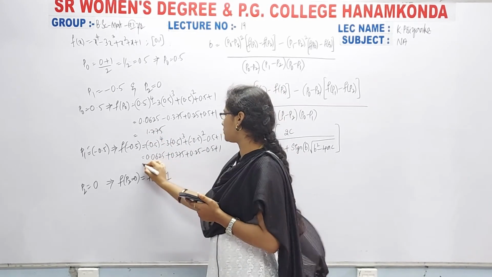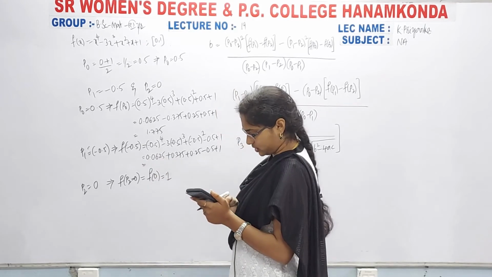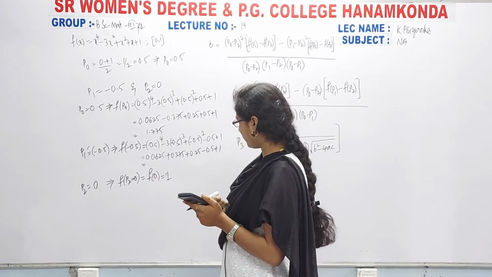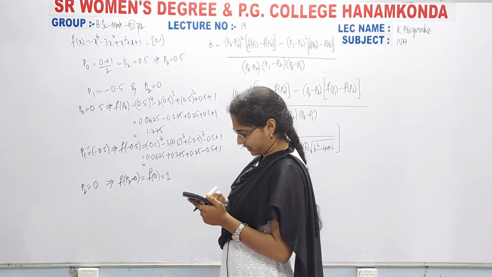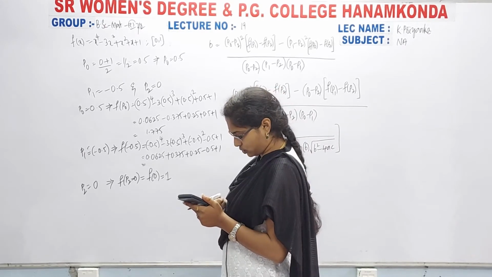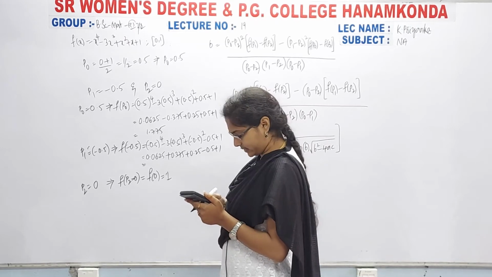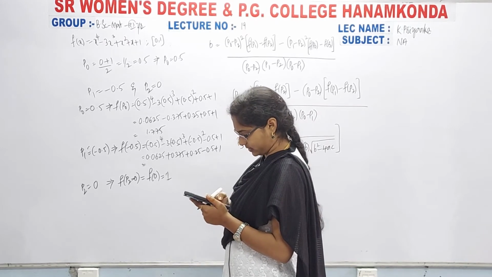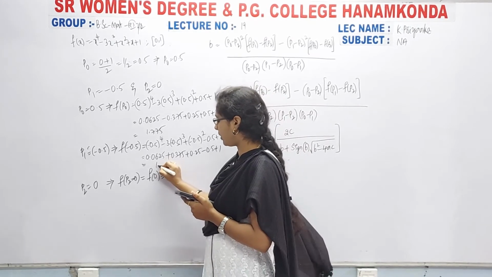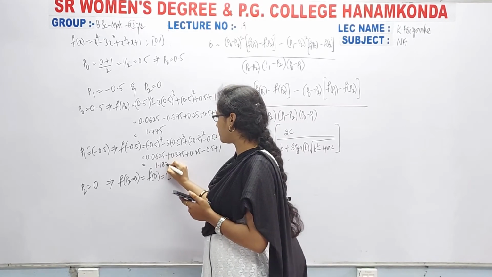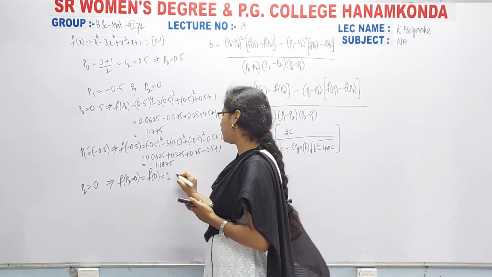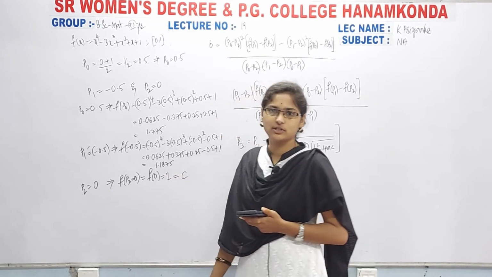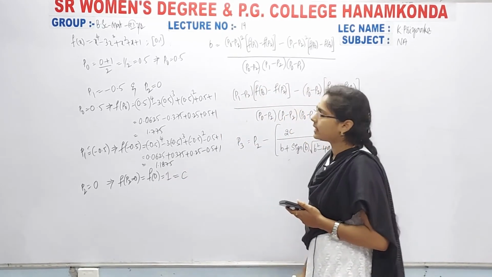Next this value: 0.0625 plus 0.375 plus 0.25 minus 0.5 plus 1 equal to 1.1875. Okay, so now f of 0 is equal to 1, and we have to consider this value as some c. Now I have to calculate the b value.